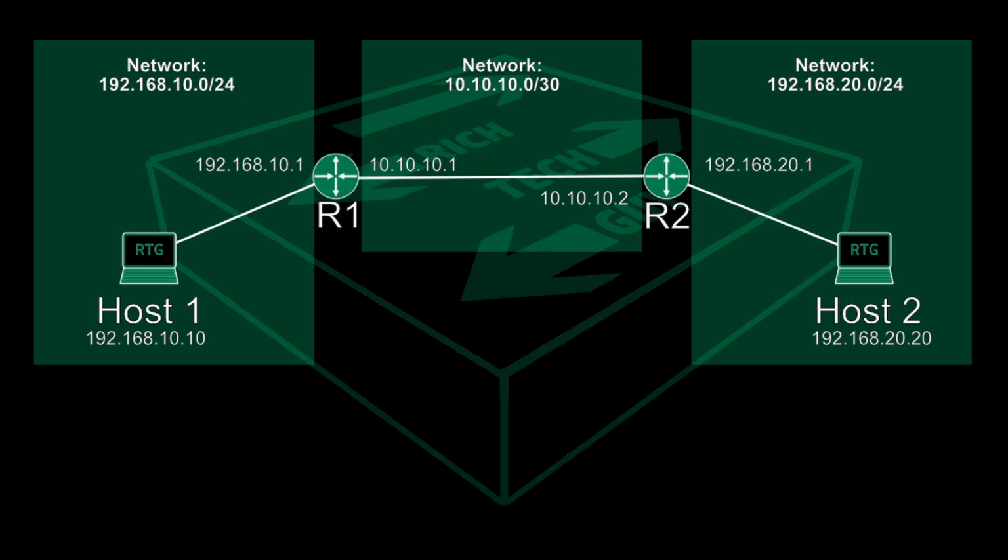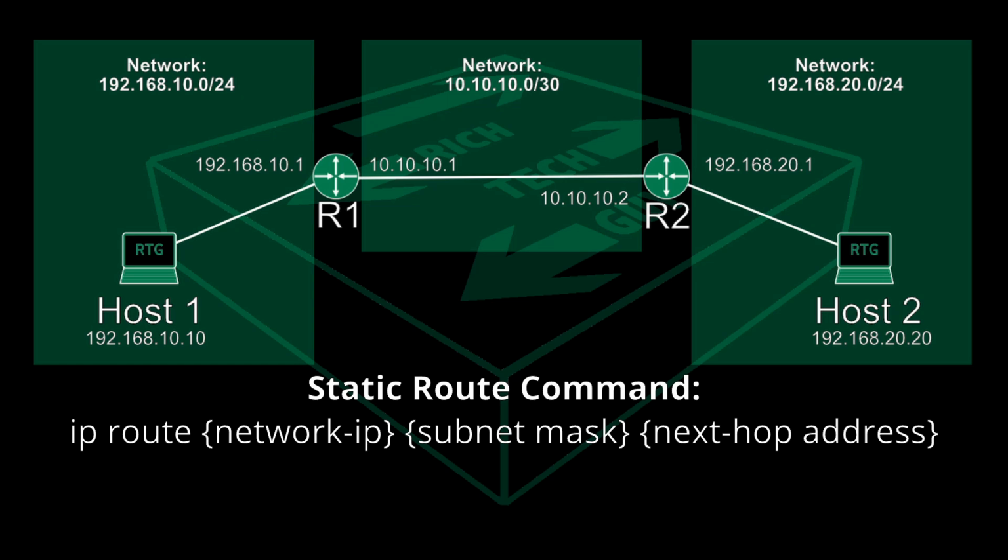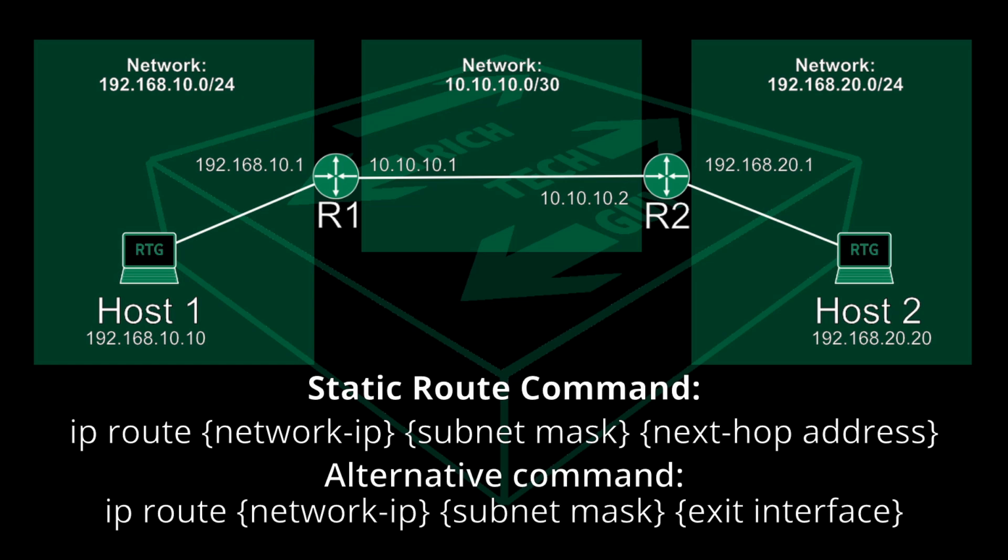When we program a static route on a Cisco router, we are going to use the ip route command. Now the command is ip route, the destination network address, the subnet mask of the destination network, and then the next hop address. Okay, there is another way you can input a static route, and it would be ip route, destination network address, subnet mask of the destination network, and then instead of the next hop address, you would put the exit interface on the router.